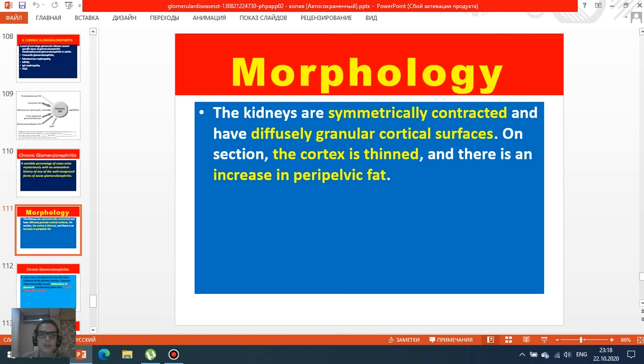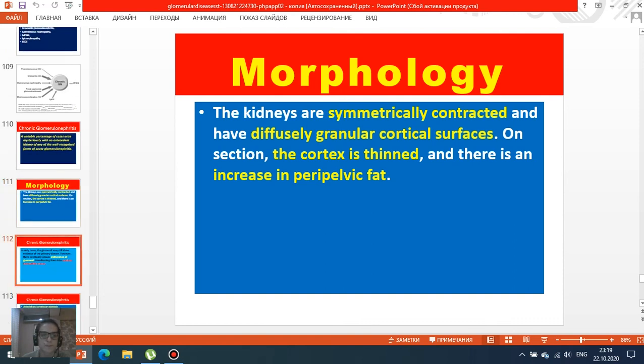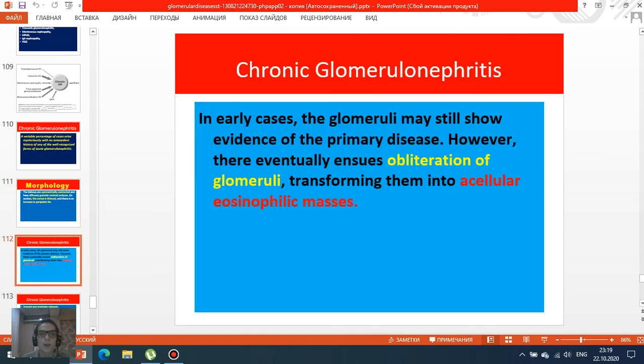The kidneys are symmetrically contracted and have diffusely granular cortical surfaces. On section, the cortex is thinned and there is an increase in peripelvic fat. In early cases, the glomeruli may still show evidence of the primary disease. However, there eventually ensues obliteration of glomeruli, transforming them into acellular eosinophilic masses.